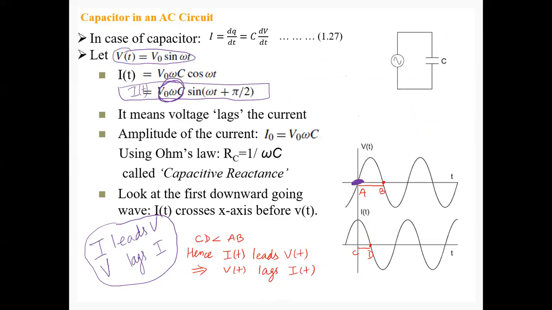The amplitude of V is V0. What is the amplitude for I? For I, the amplitude is V0 omega C. That's the one difference. The other difference is phase. The phase of V is omega t. The phase of I is omega t plus pi over 2, meaning I leads V or V lags I.